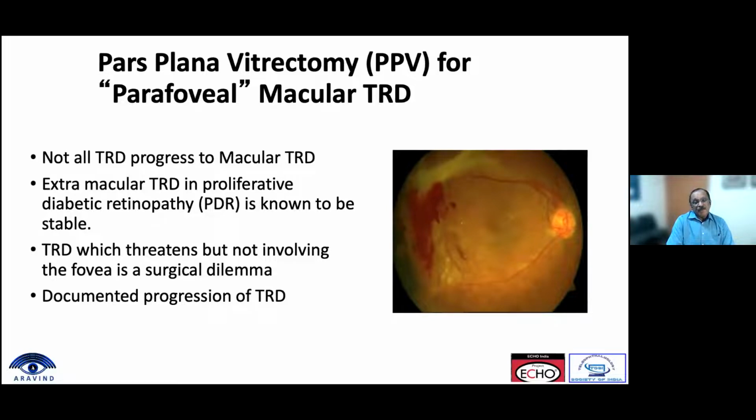Sometimes you have parafoveal tractional detachments. Do they all progress to macular detachment? Not at all. Some of them do not progress and they remain stable. But if you have a documented progression of diabetic tractional retinal detachment, even if it is present elsewhere in the extramacular area, and if you notice progression in these patients who are followed closely, then you should consider doing early vitrectomy.